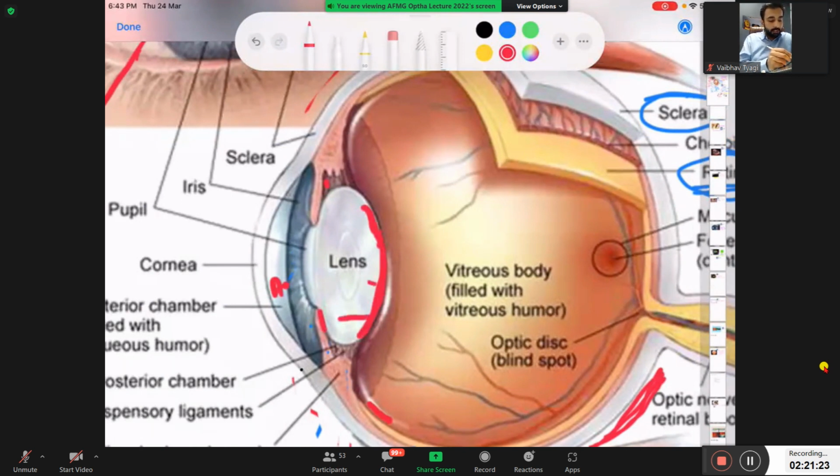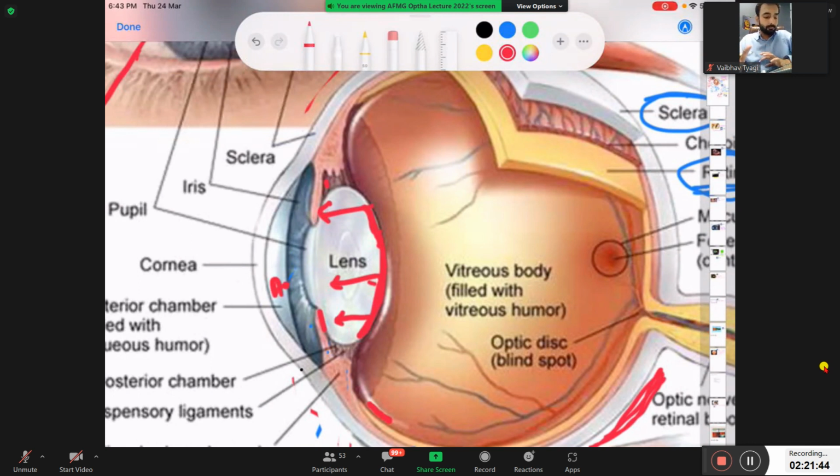That means anterior chamber, posterior chamber, as well as the lens come in the anterior segment of the eyeball.